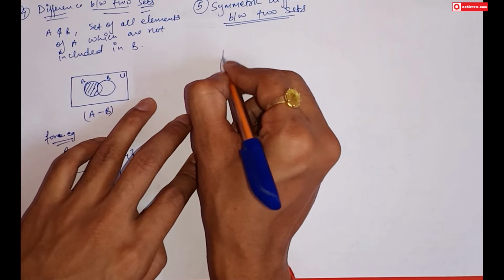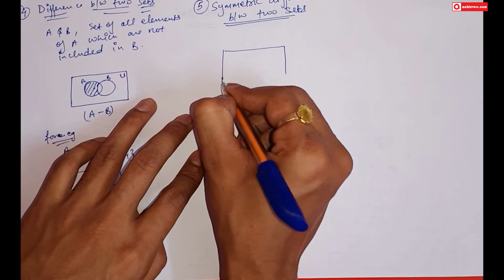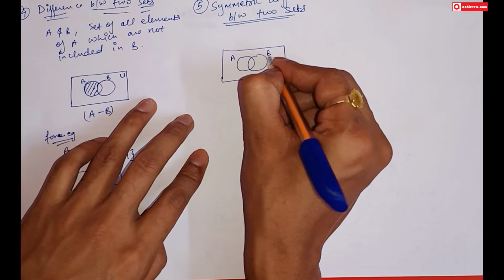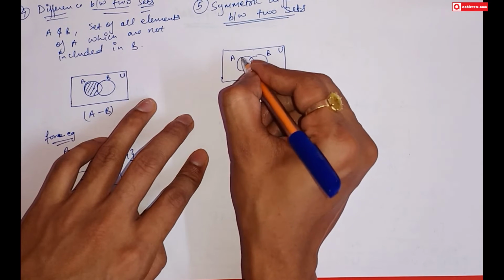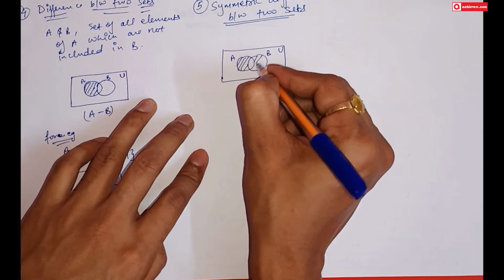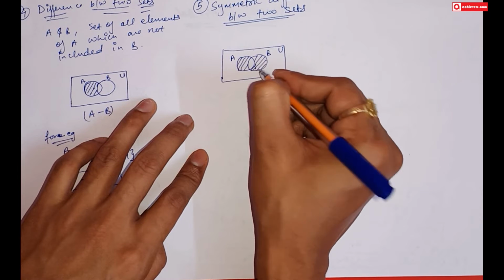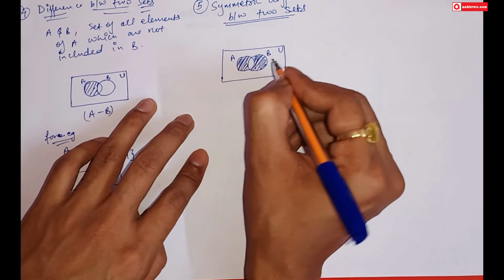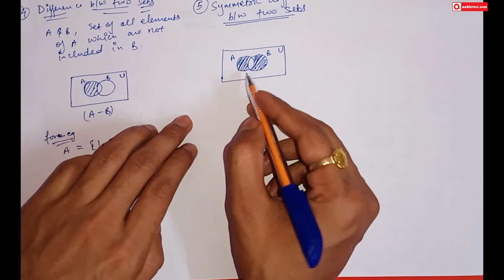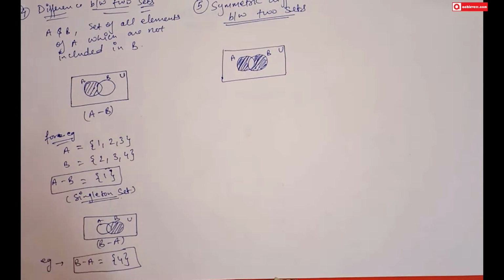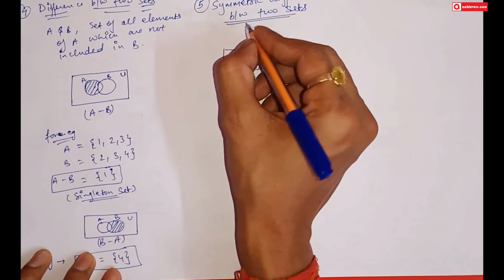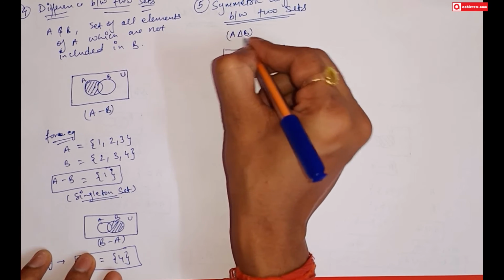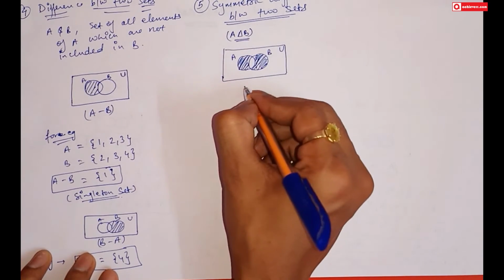Like if we have two sets A and B, so we will eliminate just the common part. So all this portion will be included, just we will not include the intersection part. And it is represented by something like this: A triangle B. So this is the representation of symmetric difference.